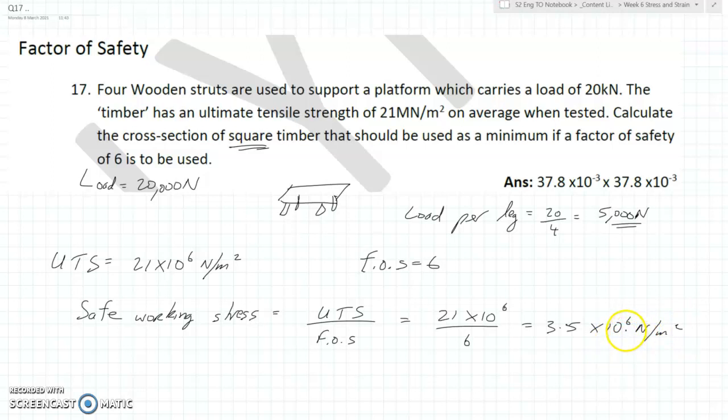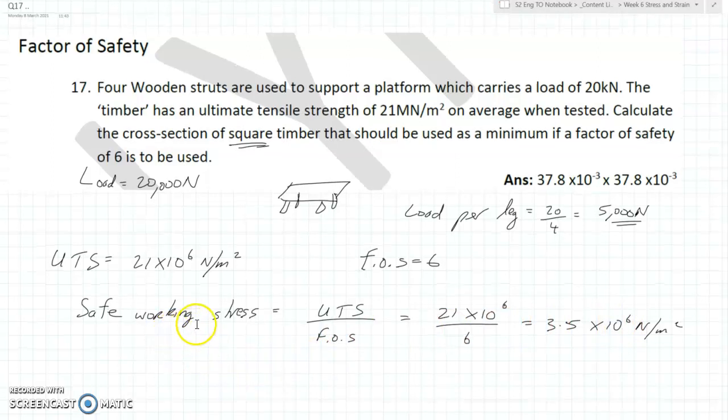And we need to get the area. To calculate the cross section, first of all we need to get the area of each leg. So stress equals force divided by area. If we multiply both sides by A, you'll end up with sigma times A equals force.